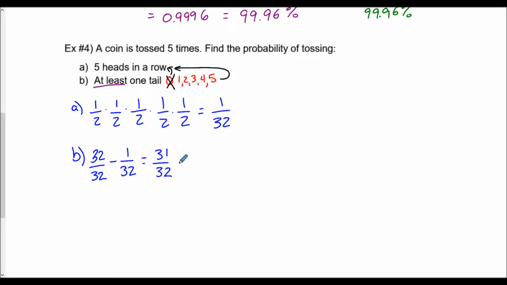So in a fair situation with a fair coin, the probability that if you toss 5 times you'd have at least 1 tail would be 31 out of 32. At the same time, the probability of them all being heads is 1 out of 32.